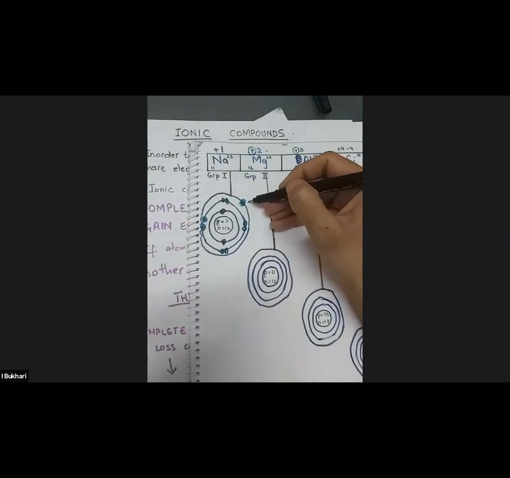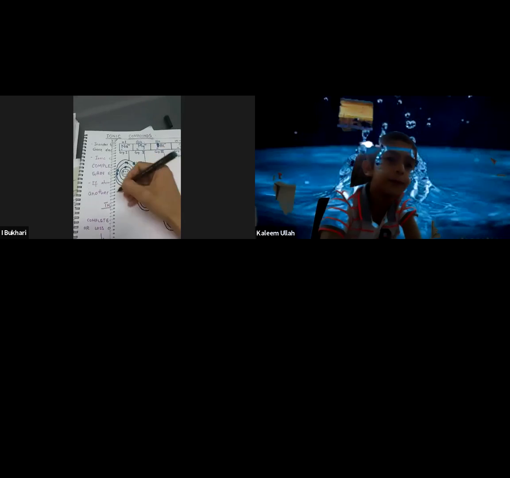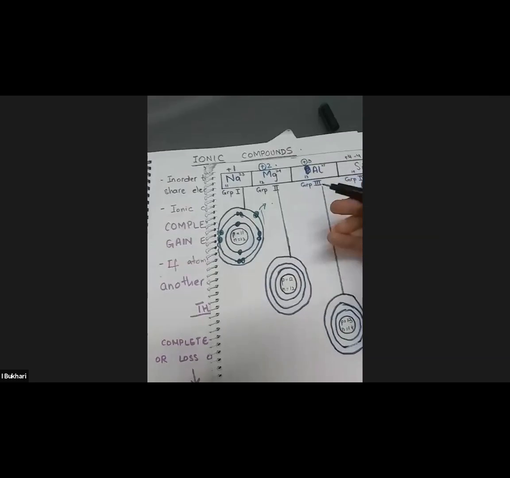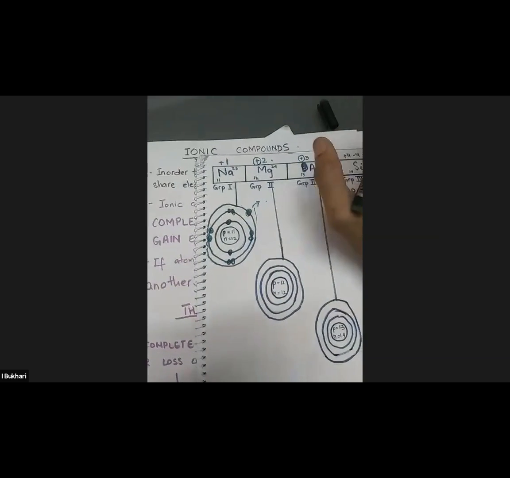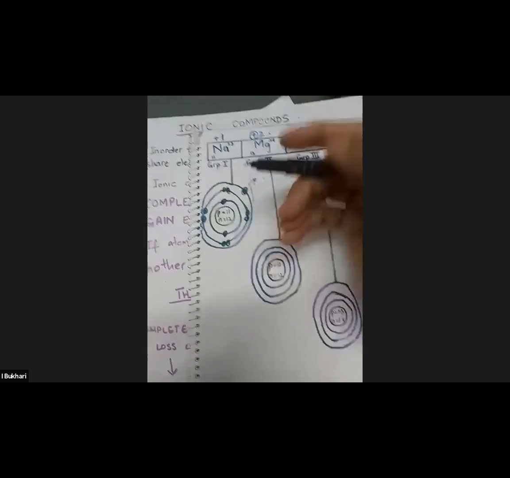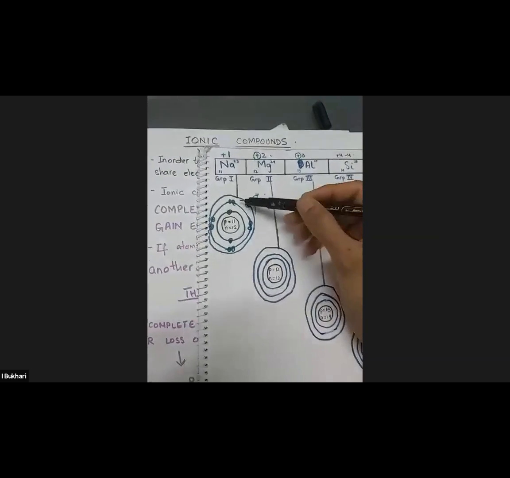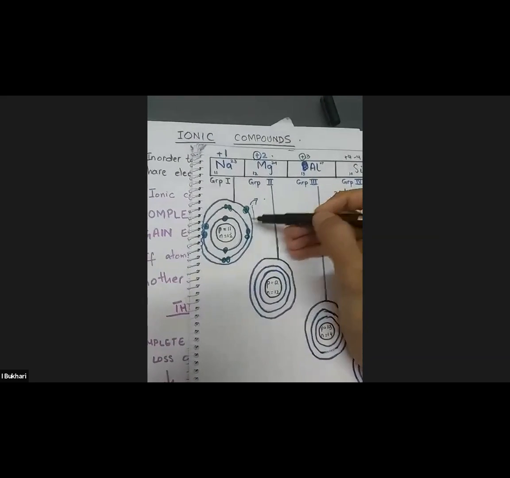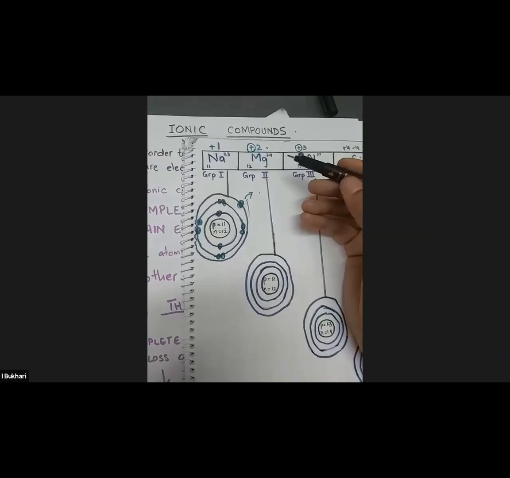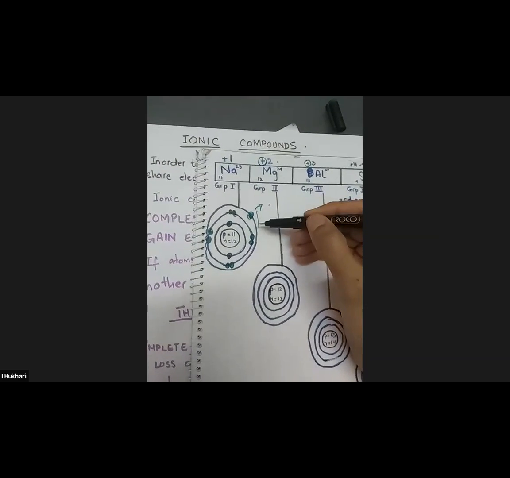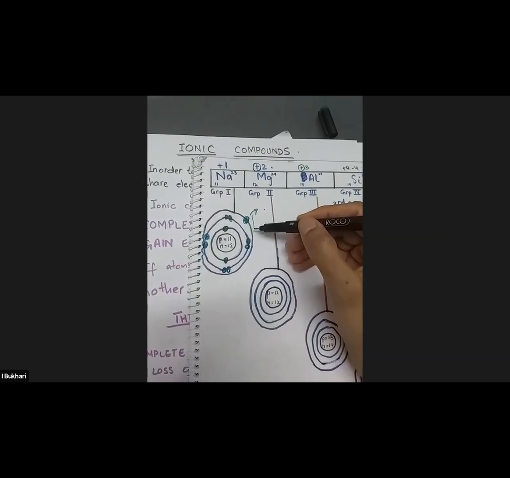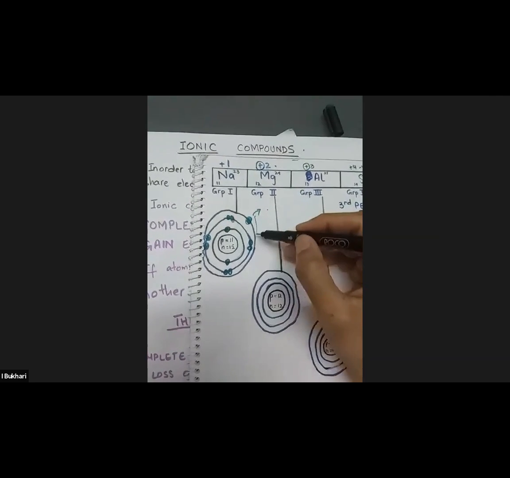Now, how will it get stable? It will get stable by either gaining 7 more and then having 8 in its outermost shell, or by just giving away this 1. Now, using that analogy that I used, think of the nucleus as the mother and these as children. Now, who can give 7 children? It's difficult, right? That will require a lot of energy. So no, they're not going to get 7 electrons.